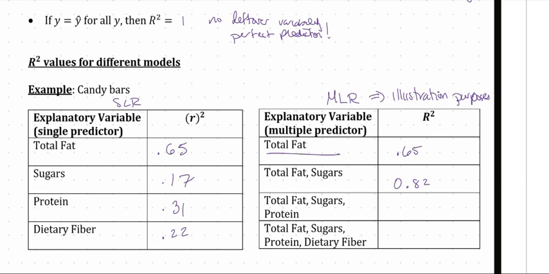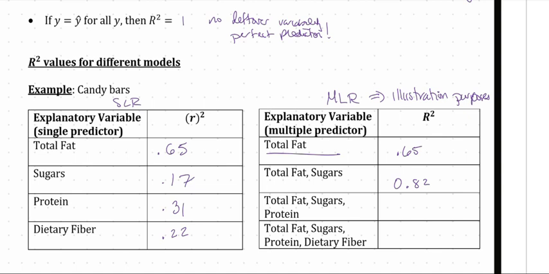So the calories that are related to fat in candy bars are not the same calories that are related to sugars in candy bars. So you can just pour more and more sugar into a candy, and that's not going to change the fat content. And you can also pour more and more fat into a candy bar, and that's not going to change the sugar content. But both of those things are going to increase the calorie content.